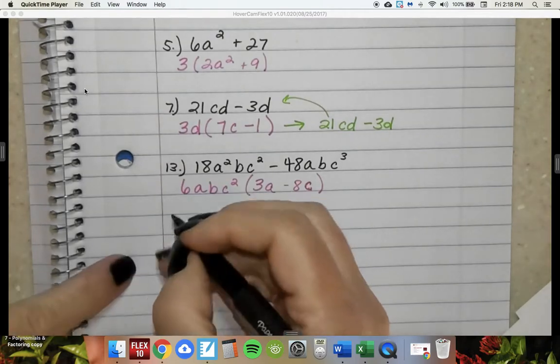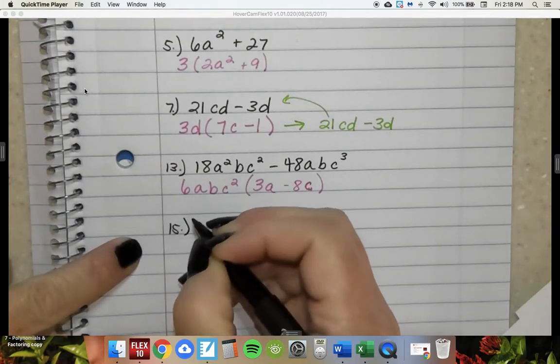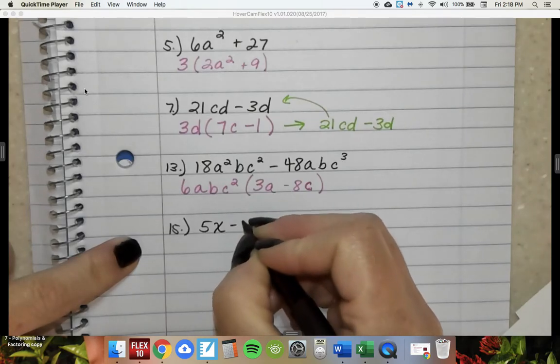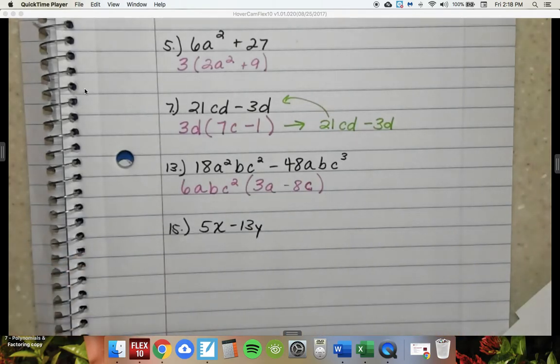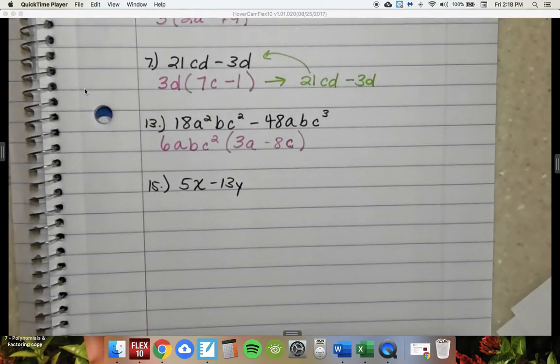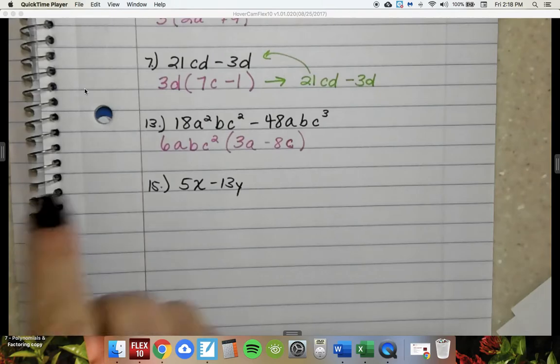Oh, let's do this one. 5x minus 13y. Okay? So look at the 5 and the negative 13. Can you divide anything out of a 5 and a 13 other than 1? No. An x and a y.